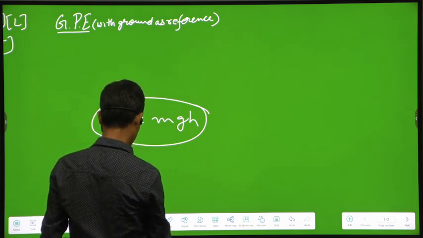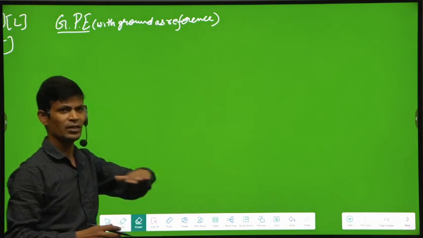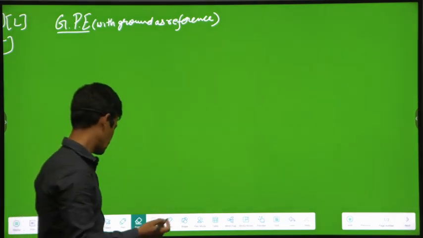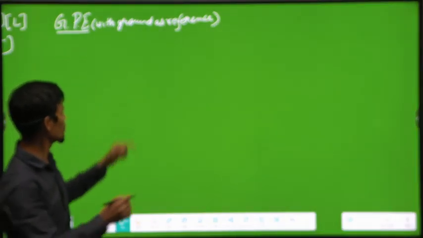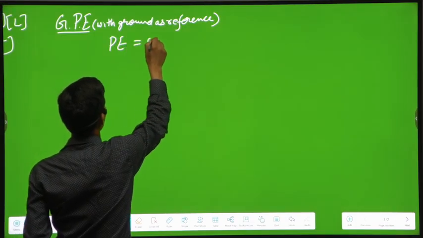Okay, if we consider the ground or anything nearby the ground as a reference, then we use this formula, mgh.